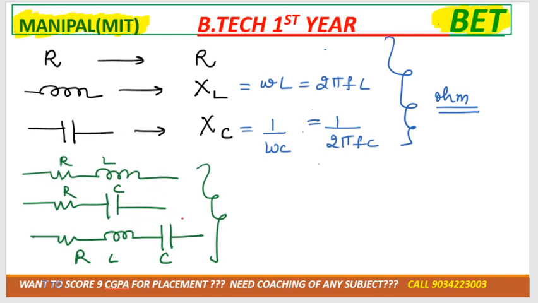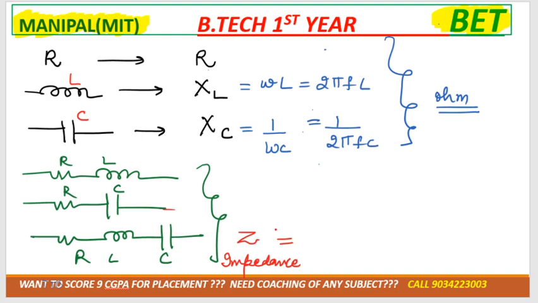Their resistance is denoted by the term Z, and Z, all of you have studied, is impedance. You studied impedance in 12th class. Basically what I want to say is that if it is a resistor then resistance, if an inductor then XL, if a capacitor then XC, but if we have a combination of elements, then in that case their resistance is technically known as impedance.